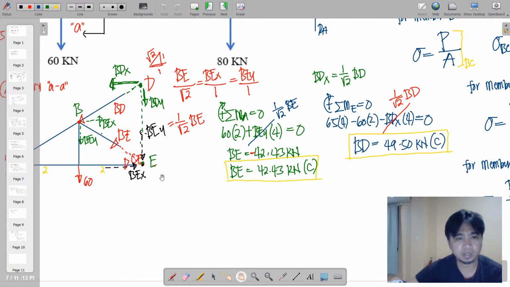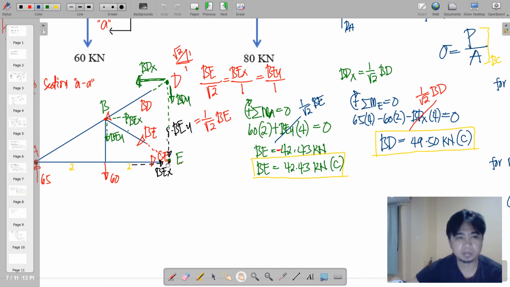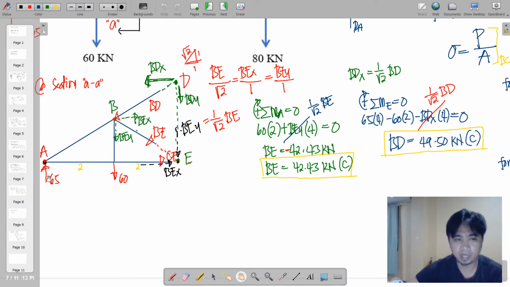And then we take moments at E. So moments at E, we have here clockwise 65 times 4 minus counterclockwise 60 times 2 minus your BDX times the moment arm of 4. This is 4 actually. And then just substitute the equivalent equation for BDX, that is 1 all over square root of 2 of BD.